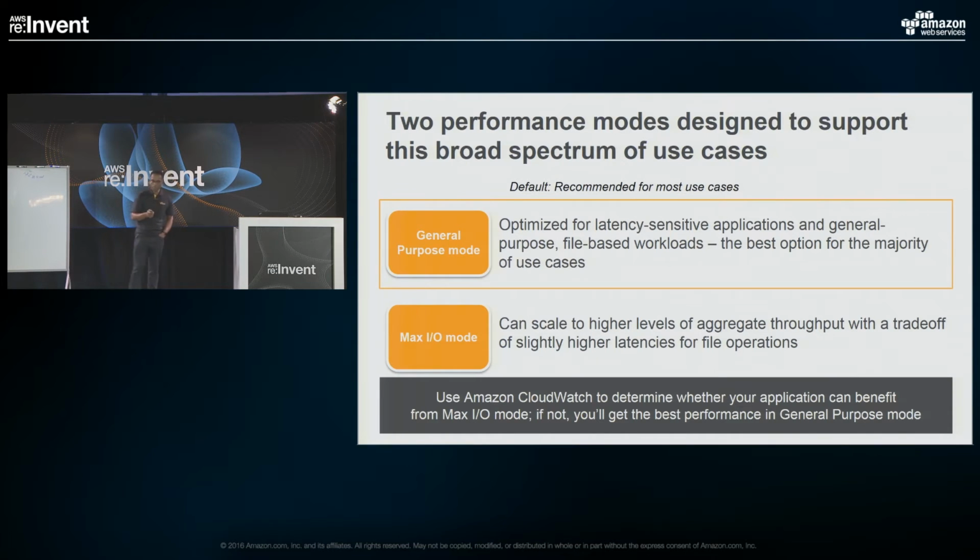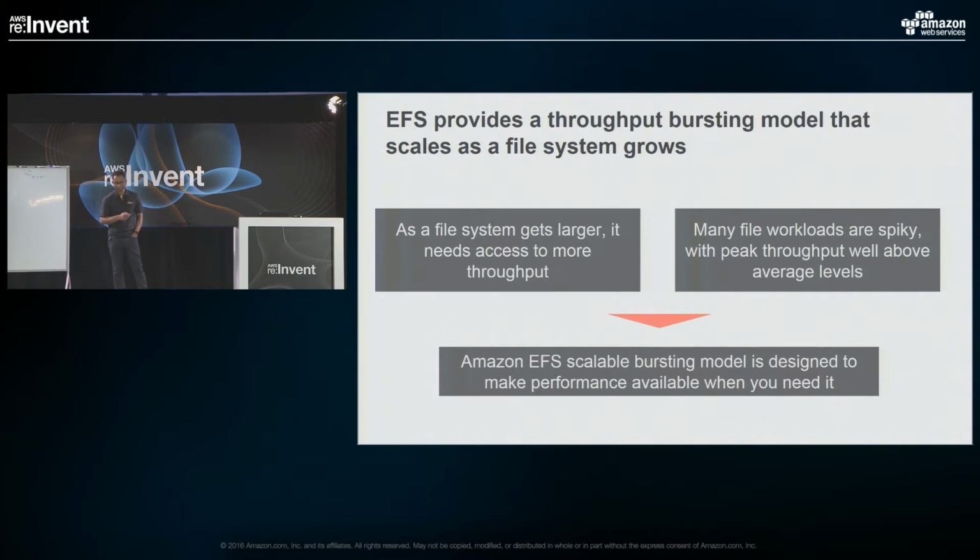There is a CloudWatch metric called percent IO limit, and you can monitor that metric to see whether it's getting close to 100%. If it is, you can switch to the max IO mode. So how does EFS performance work? Well, EFS performance is based on two concepts. The first is that as a file system gets larger, generally it requires more throughput.